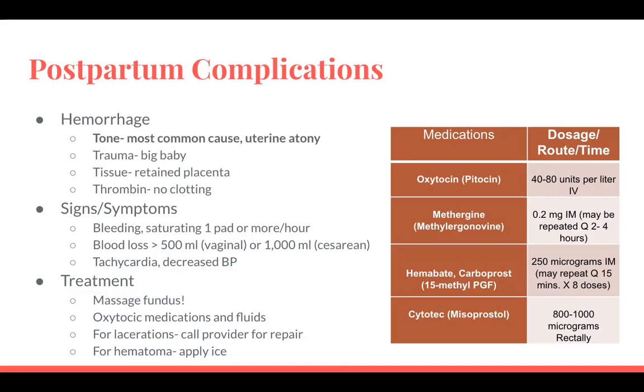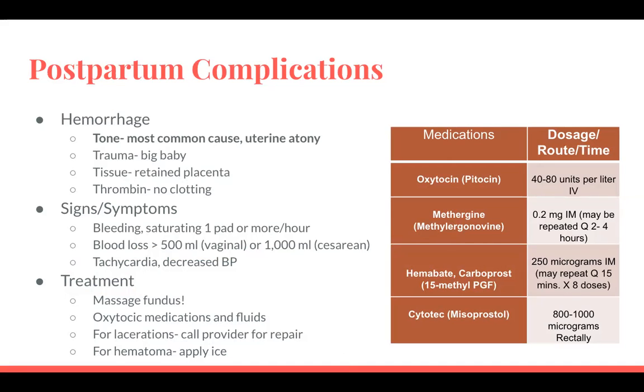Lacerations: if there's bright red bleeding with a firm uterus, I would be aware of that. It's not on here, but know that you are most likely looking at a laceration if there's bright red bleeding with a firm uterus.